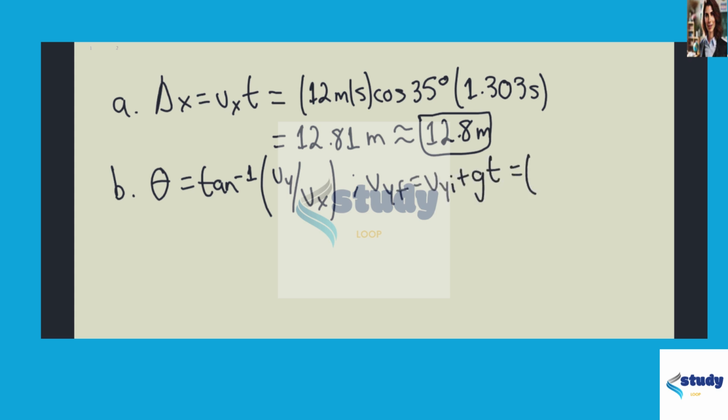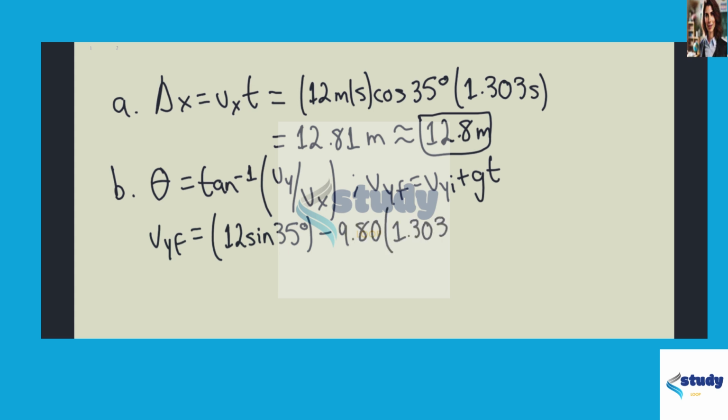Let's solve. This would be 12 sine of 35 degrees, and then we do minus 9.80 times 1.303. This is equaling negative 5.886 meters per second, and we can solve.